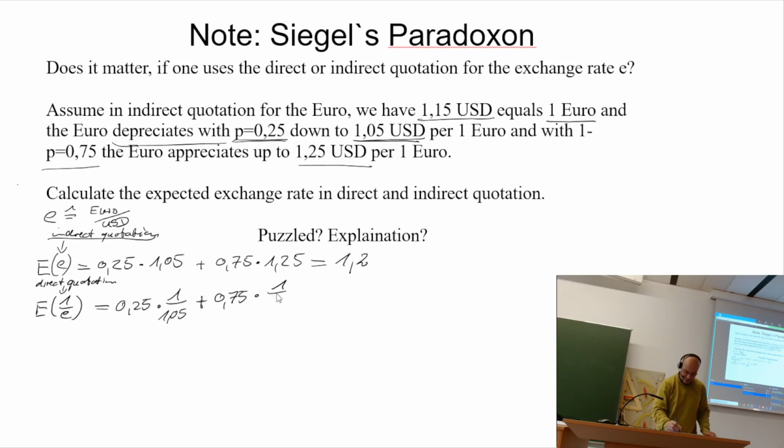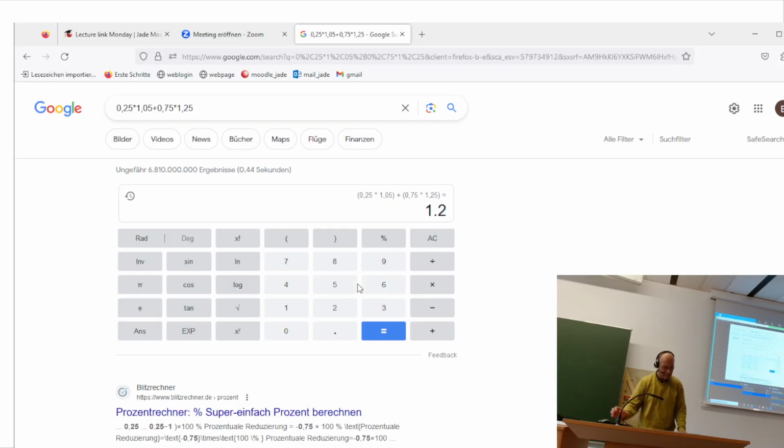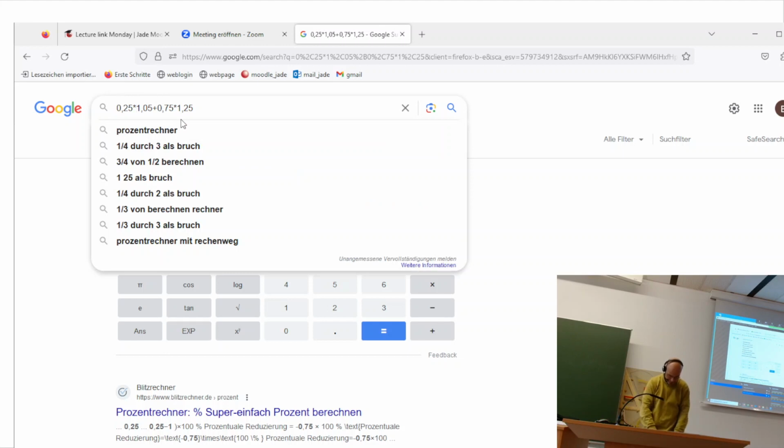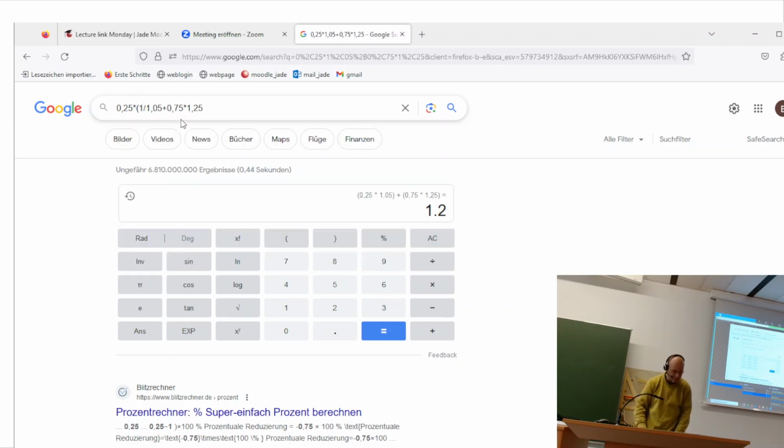0.75 times 1 over 2.5. So within here, I take 1 over and 1 over.